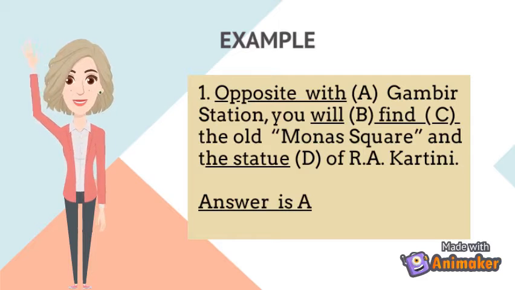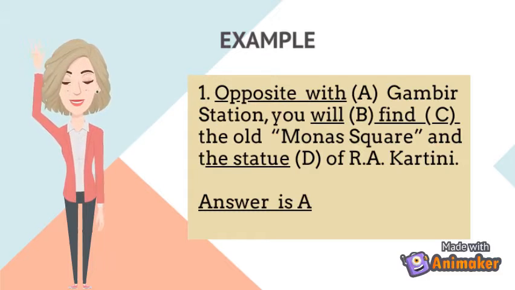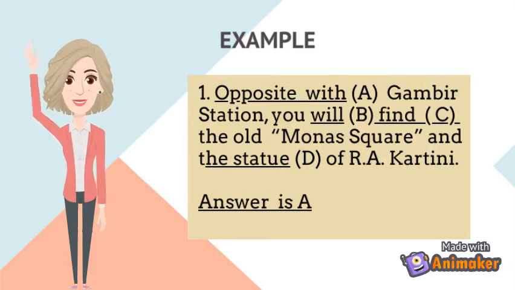Because the word opposite, which means facing, is followed by to, not with. So the sentence should read: opposite to Gambir Station, you will find the old Monas Square and the statue of R.A. Kartini.